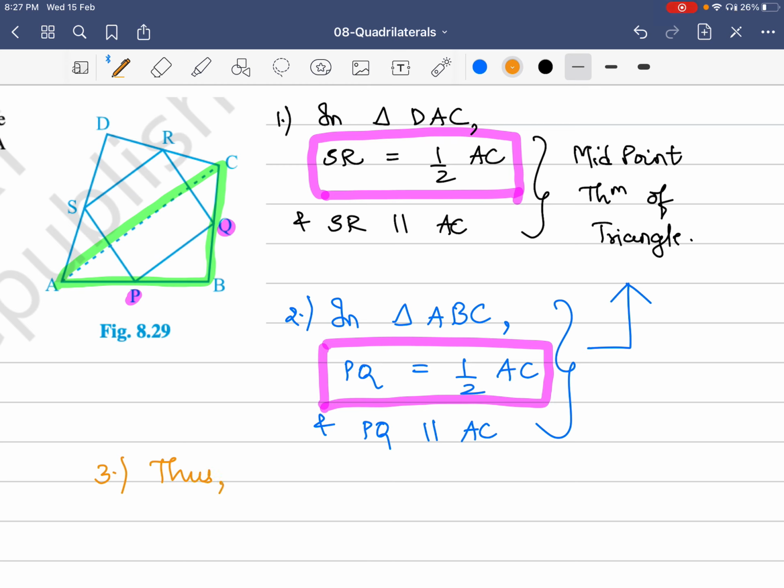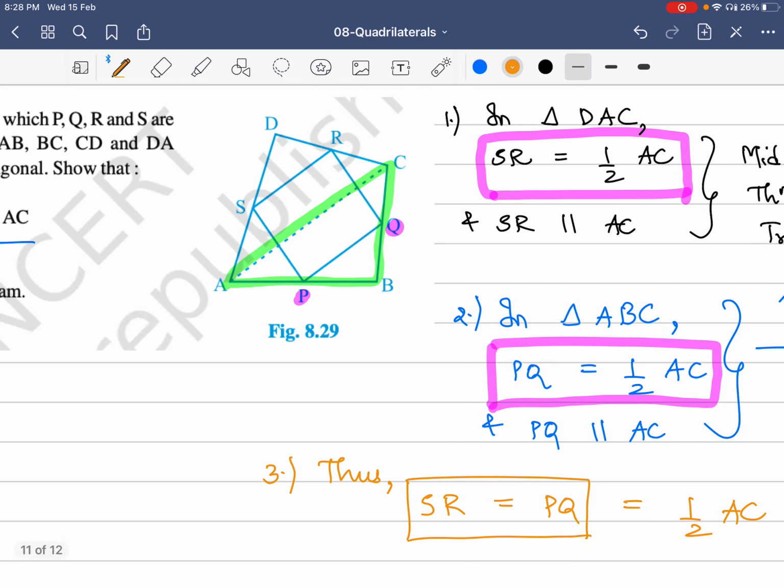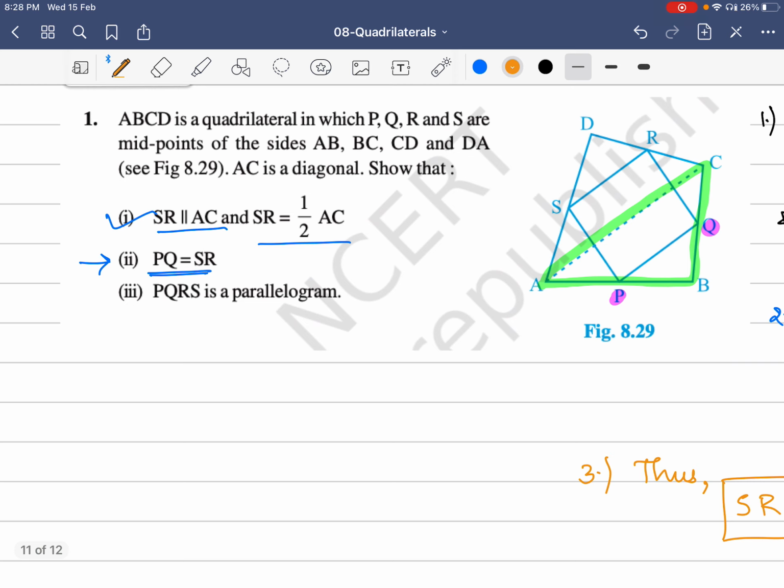Thus, SR is equal to PQ, which is equal to half of AC. In short, SR is equal to PQ, and that is the second thing that we have to prove in this question. Let me put the tick mark. Yes, the second thing is also done.